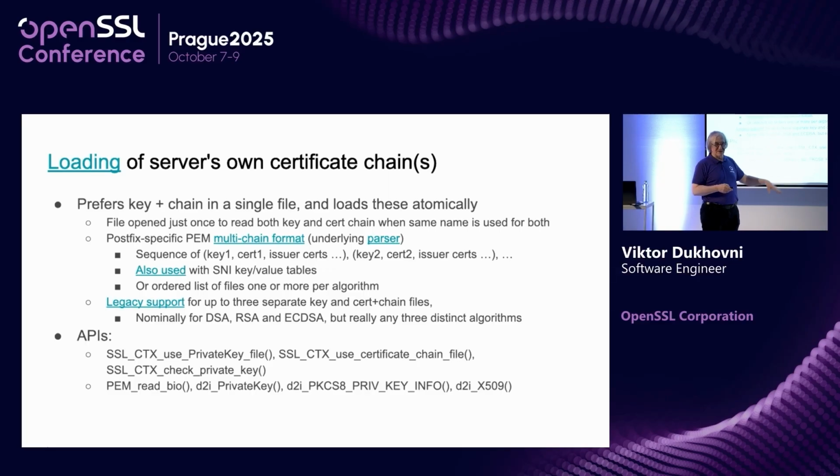So Postfix avoids the race condition that you would normally see if you were configuring your key and cert files separately. Of course, the person creating the file has to do it atomically, right? Create a new file on the side and then move into place when it's got the right data in it.